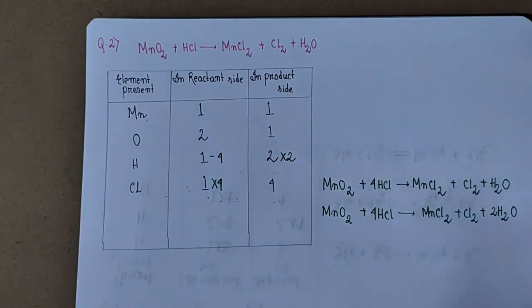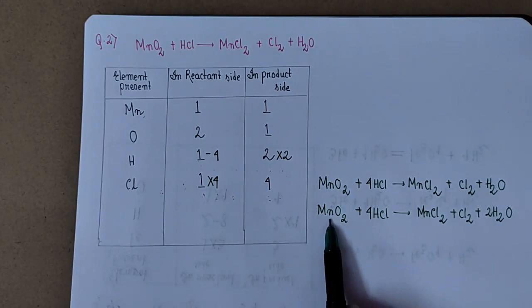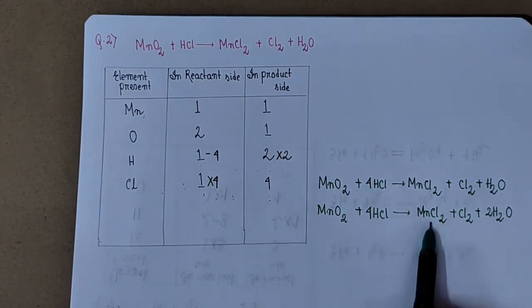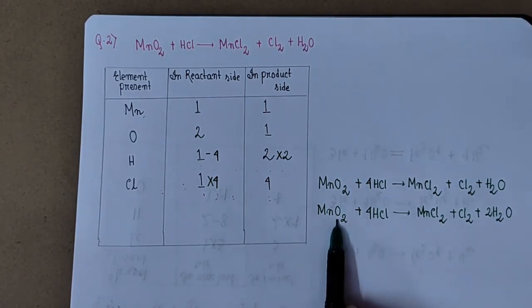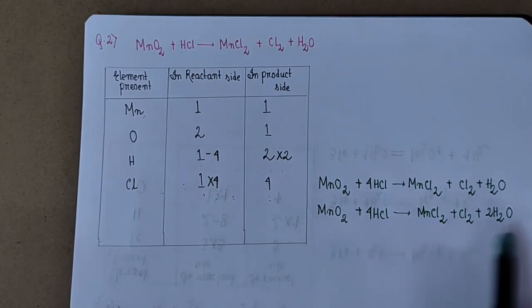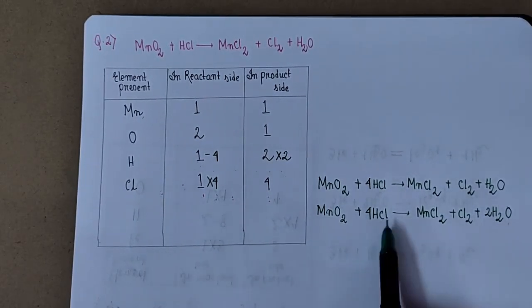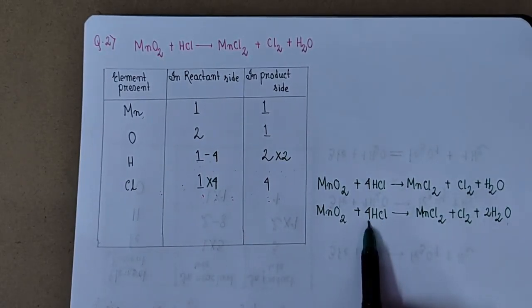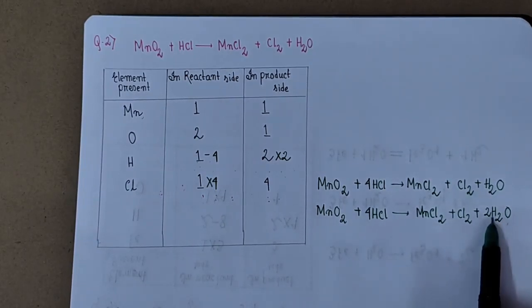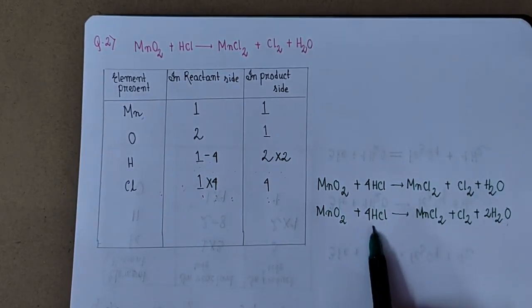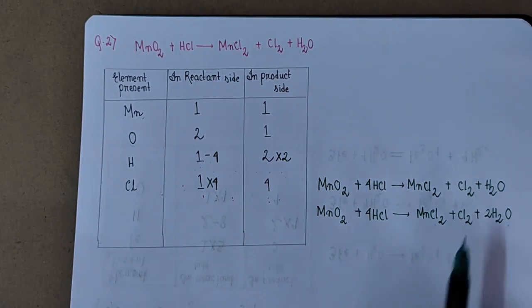Now check the number of atoms on both sides. Mn 1 in the reactant side and 1 in the product side. Oxygen 2 in the reactant side and also 2 in the product side. Hydrogen 4 in the reactant side and 2 times 2, that is 4, in the product side. Chlorine 4 in the reactant side and 2 plus 2, that is 4, in the product side.